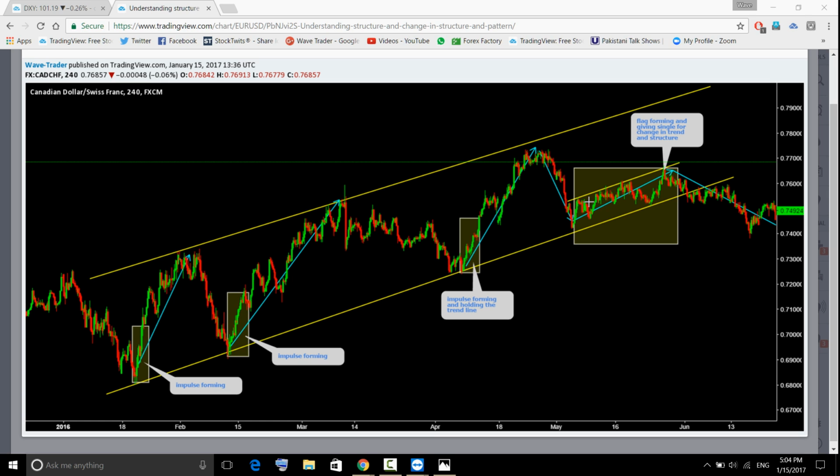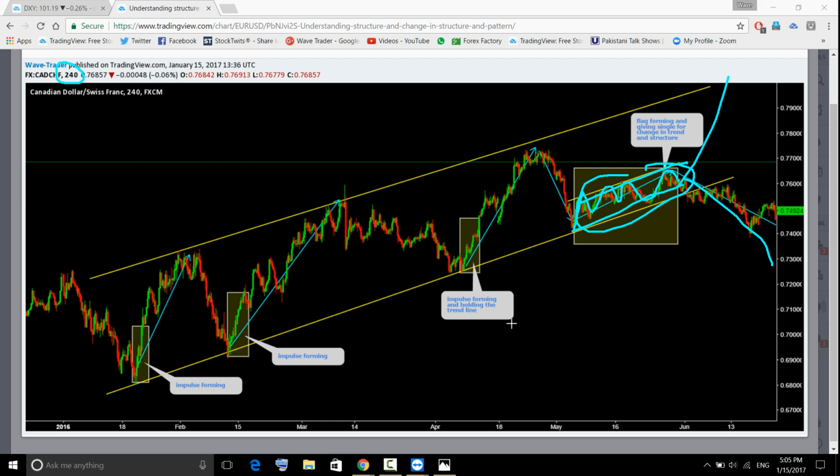Okay, you can see this flag clearly on a bigger time frame, on daily. So price started to form a flag. Okay, so this is giving a signal that price is going to continue in the other direction, not going to continue to the upside.